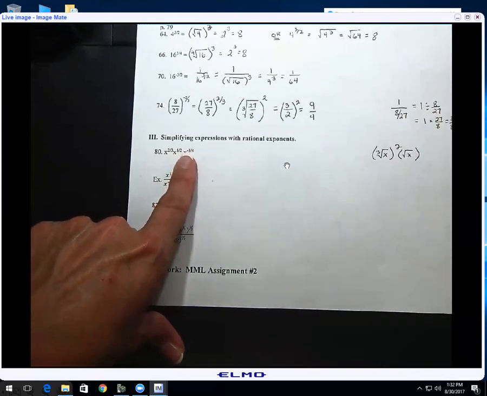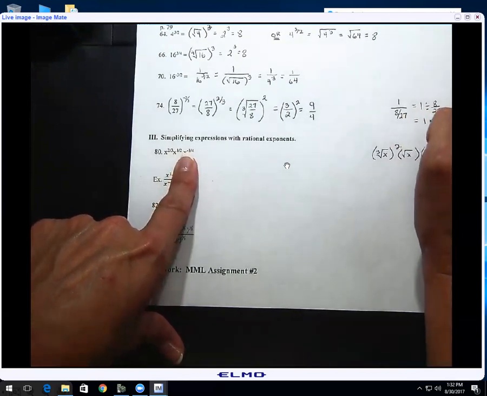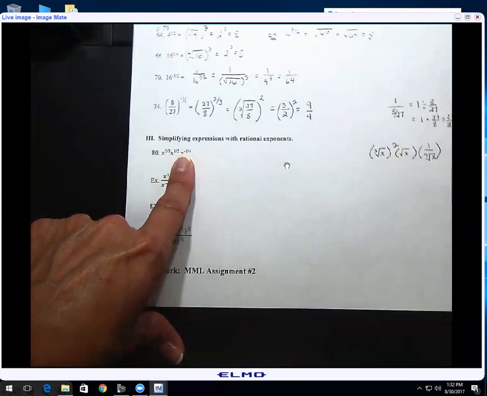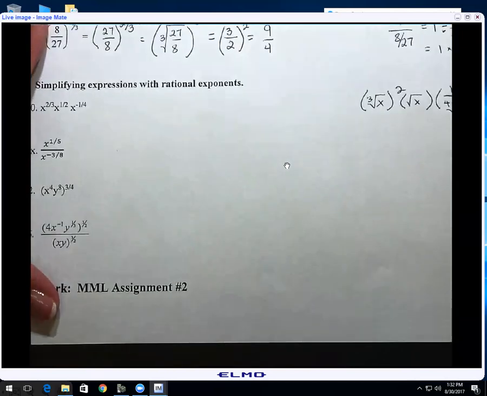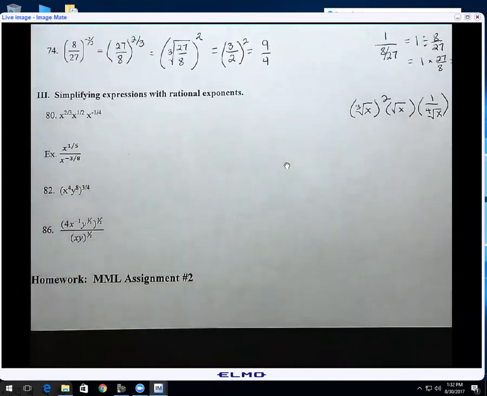And x to the negative 1/4 would be 1 over the 4th root of x. That's what that problem would be if I wrote it with radicals. So do you want to learn how to work it with radicals? Or do you want to use the rules you already know and just work with those exponents? I'd rather work with this than this, even though they mean the same thing.